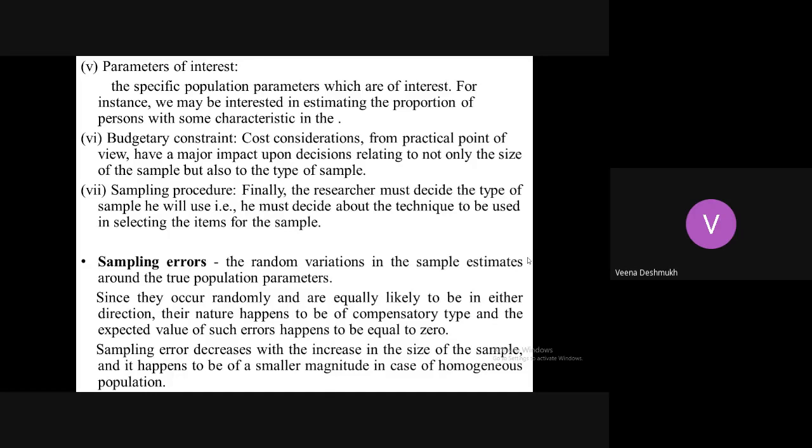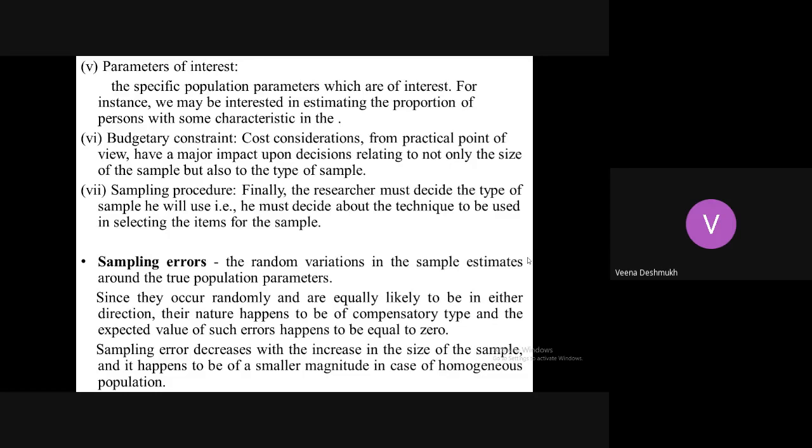Next one, parameters of interest. So the specific population parameters which are of interest. This deals with which parameters you are looking at. What are the interesting parameters? Because you have a good number of parameters you get. Supposing how many diabetics are there in above 50 age group? How many BP patients are there in above 50 age group who are vaccinated with both the doses?